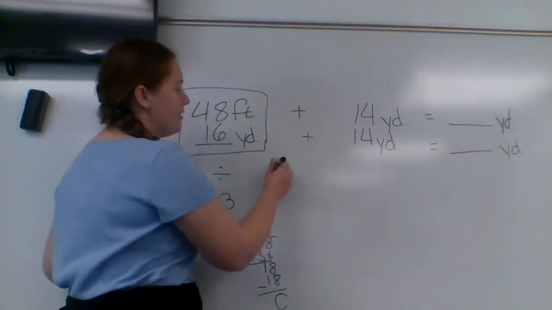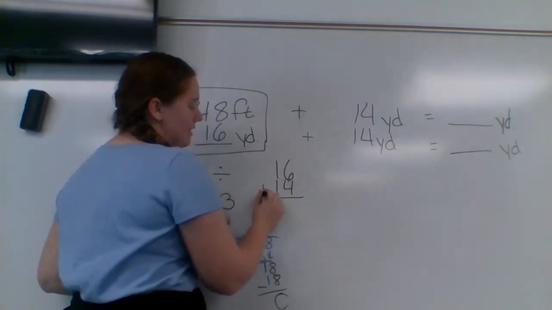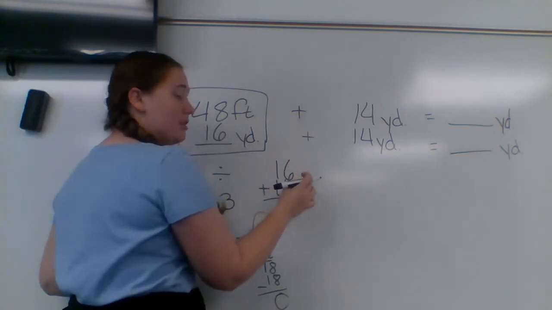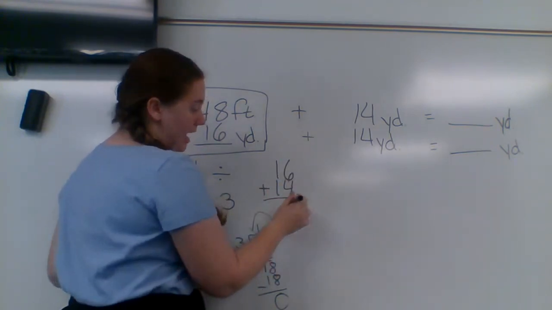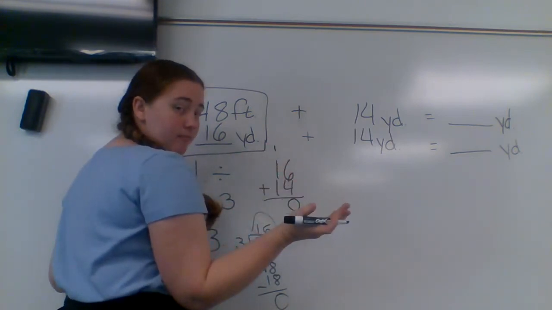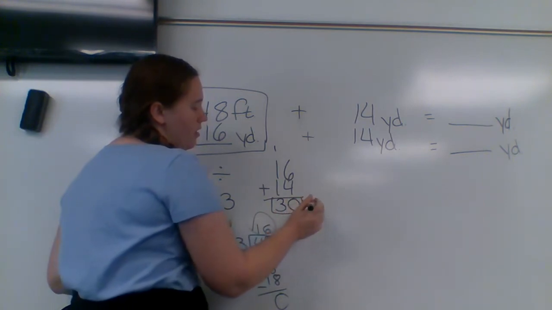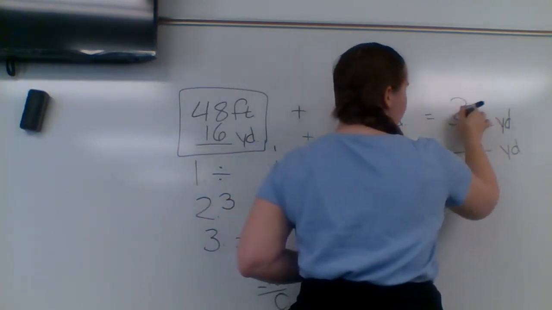So 16 plus 14, let's write this out. 16 plus 14. 6 plus 4 is 10. Going to carry the 1. And 1 plus 1 plus 1 is 3. So my answer is 30 yards.